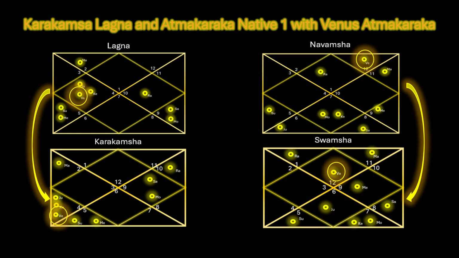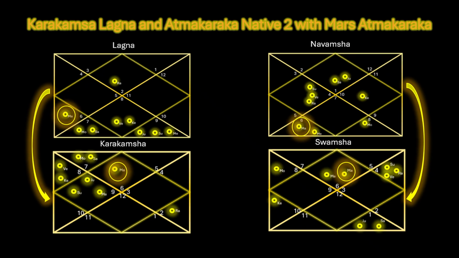The same now we will go for the next native. This is native 2. This native has Mars as Atma Karka. So Mars Atma Karka, if you see in the Lagna chart, is in Virgo, in the sixth Rashi. As I told you in the previous slide, the number here is the sign.